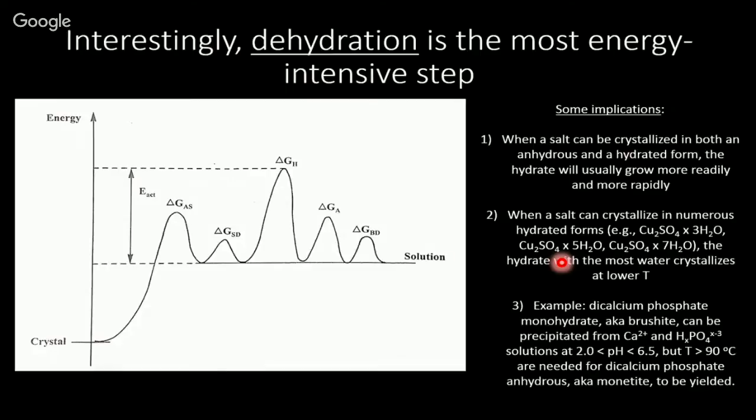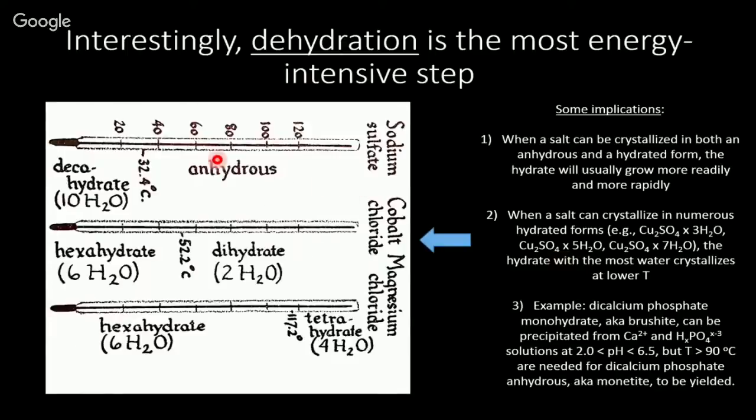So you end up with water inside of the particle. If you look at some of these materials, you realize that hydrates exist at lower temperatures, and in order to get anhydrous compounds, you need to increase the temperature. So you need to provide more energy to the particles to get rid of that water.